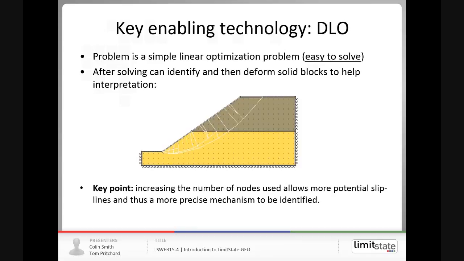A key point is that the accuracy of the solution depends on the number of nodes you have, because that determines the number of slip lines that the software can choose the critical mechanism from. So the more you put in, the bigger range of discontinuities the software has to generate a slip line mechanism from.